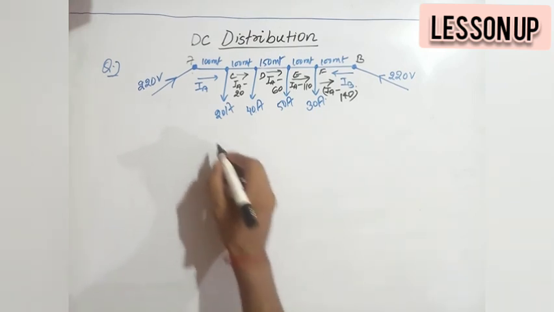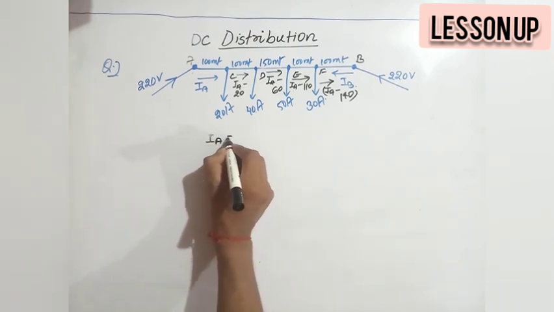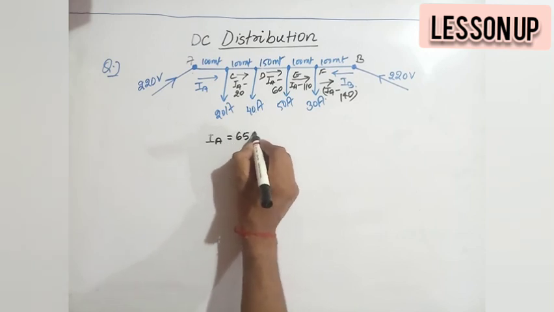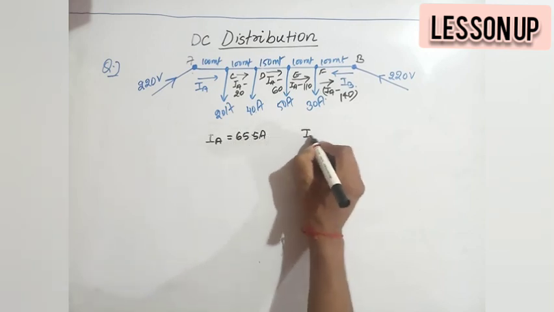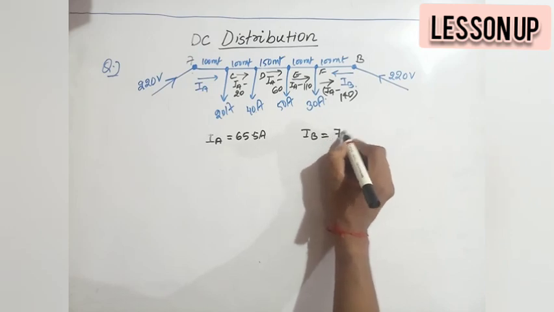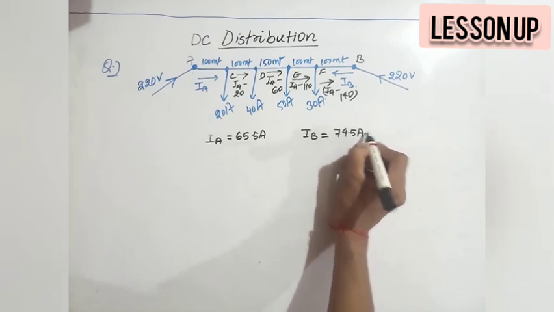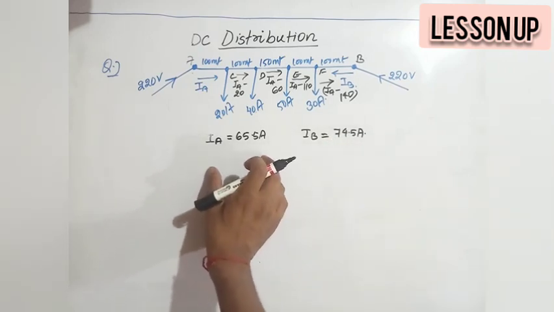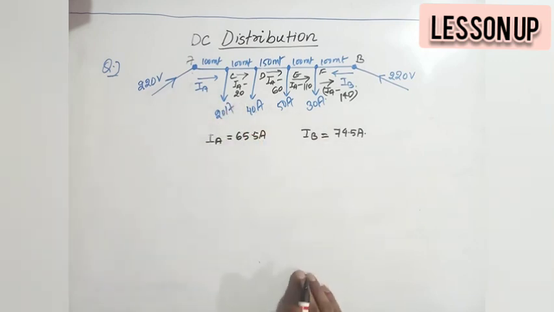Now we have IA equal to 65.5 ampere and IB equal to 74.5 ampere. We will draw this current to find the minimum point in this distribution network.